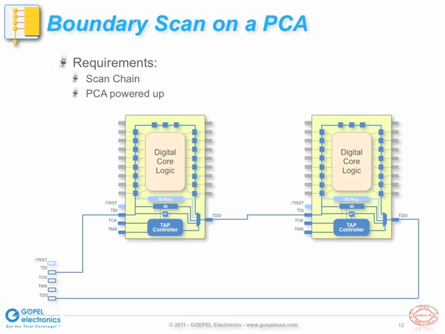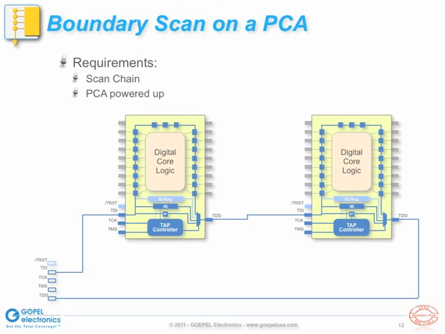Then the TDO of that device is connected to the TDI of the next device. If there were more than two devices, then the TDO of that second device would be connected to the TDI of the next device, and so on.